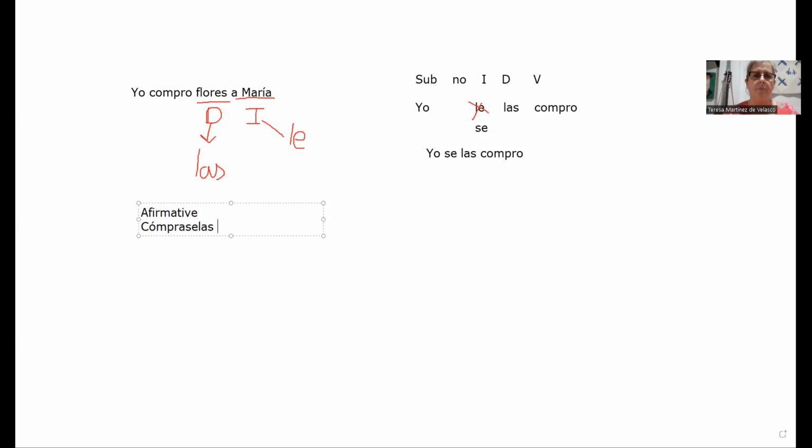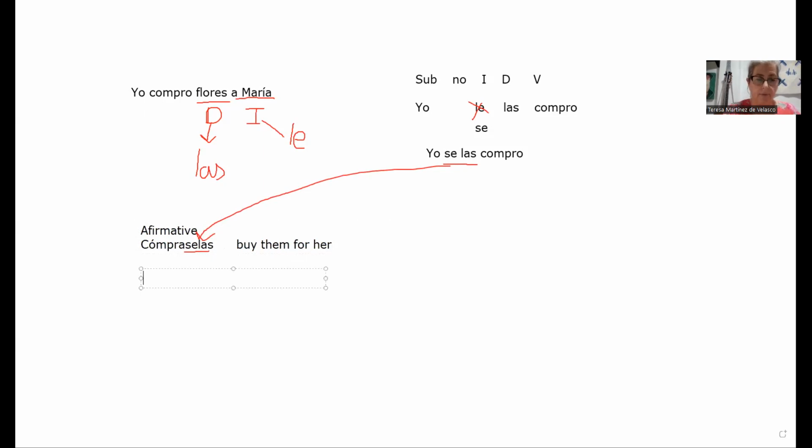Buy them for him, for her. So we see that affirmative pronouns are going to be the same way, se las, right? But they go after the verb, right? Cómpraselas.